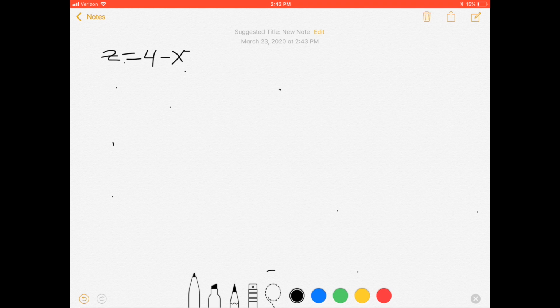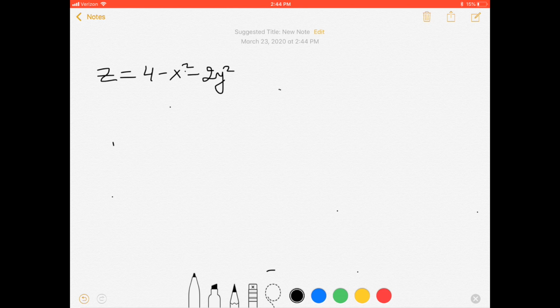I think I need to write a little bit lower. Okay, just a moment. I clear all of them. z equals 4 minus x squared minus 2y squared.